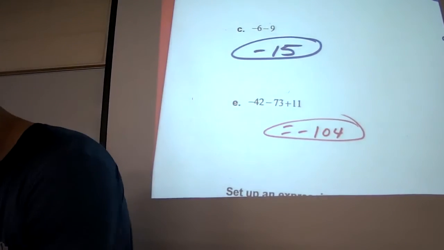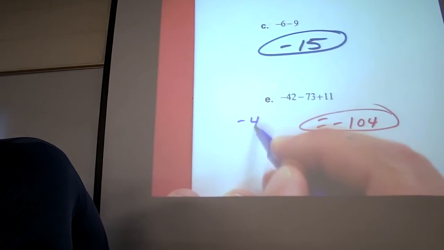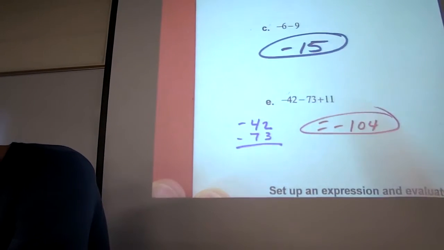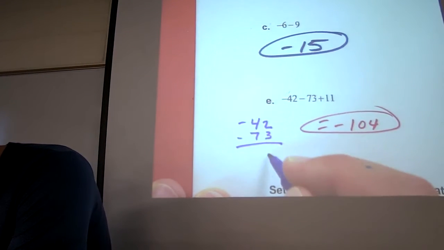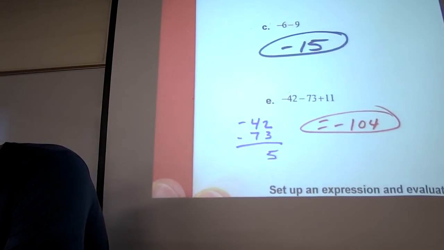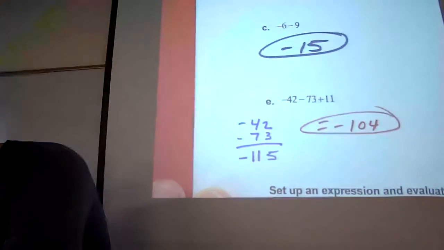If I'm doing it by hand, I'm a big fan of grabbing two at a time and combining them. So I got 2 and 3 is 5, and negative 4, negative 7 is negative 11. And now I'm at negative 115.